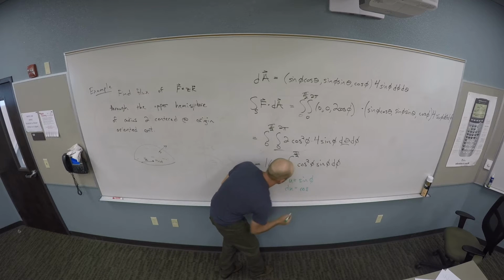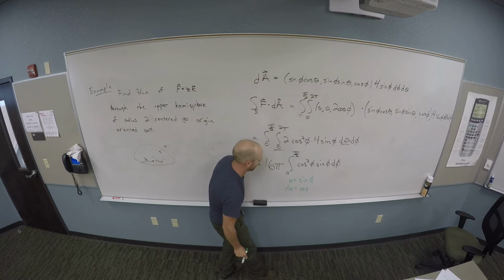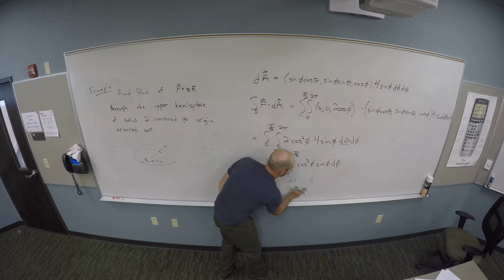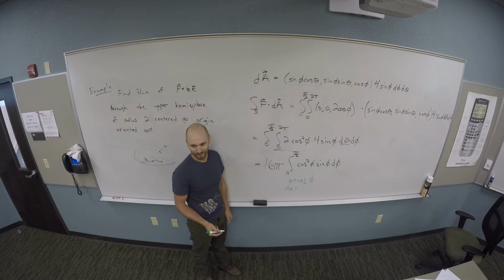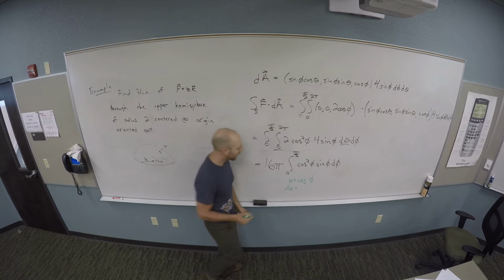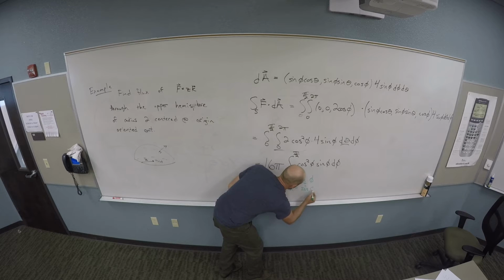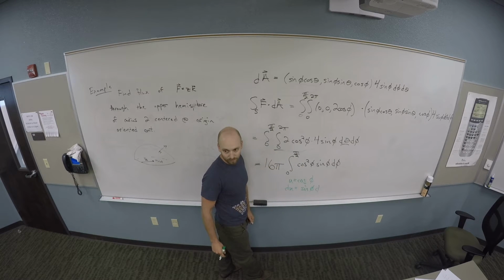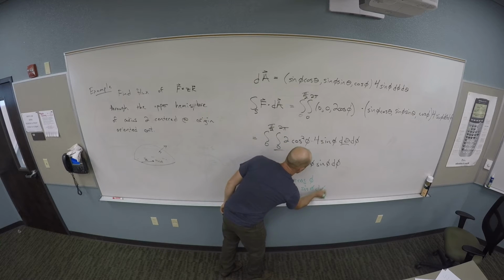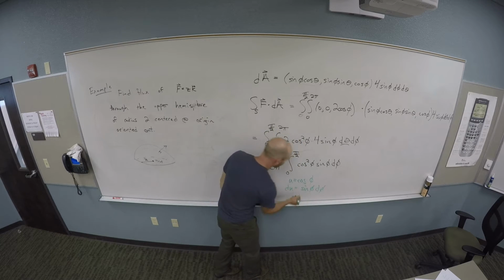Wait, why did we let u be sine? How about let's let u be cosine, the higher power, the one that there's more of. And then du will be sine phi d phi. And what did I screw up? Yeah, there's a negative in there.